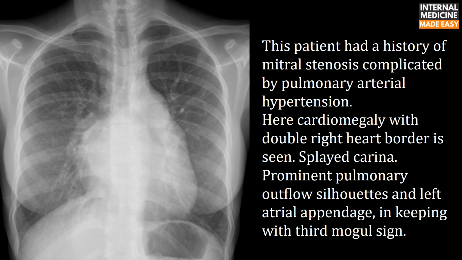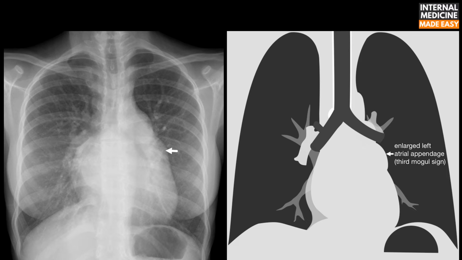Here cardiomegaly with double right heart border is seen. There is splayed carina, prominent pulmonary outflow silhouettes and left atrial appendage in keeping with third mogul sign. The white arrow shows the third mogul sign.